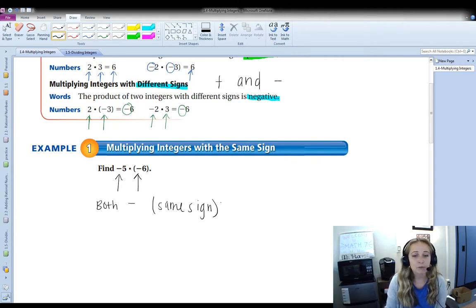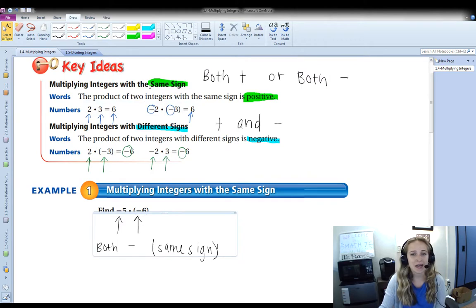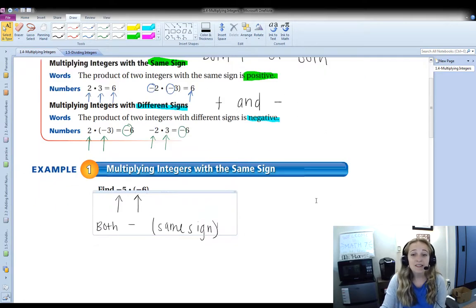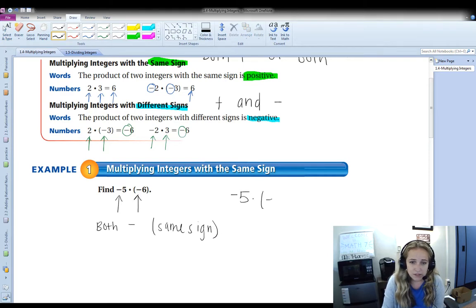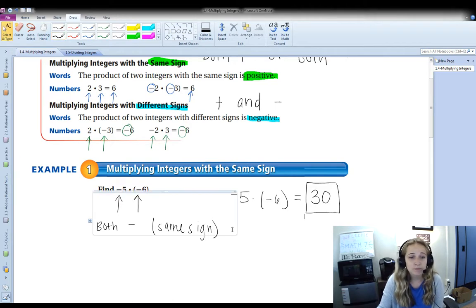If I scroll up to my rule of multiplying numbers with the same sign in the green, I know that the product of two integers with the same sign is positive. So I'm going to write -5 times -6 equals, now I know 5 times 6 is 30, and since they're the same sign, my answer is going to be positive. So my answer is just going to be a positive 30. That's all we have to do.